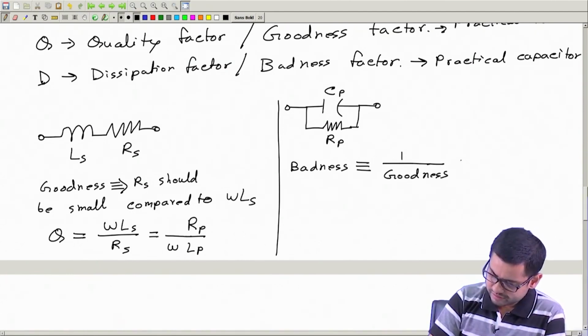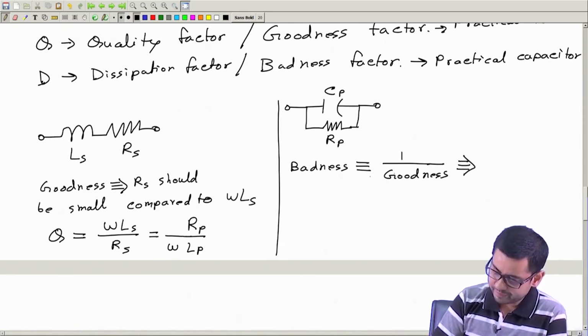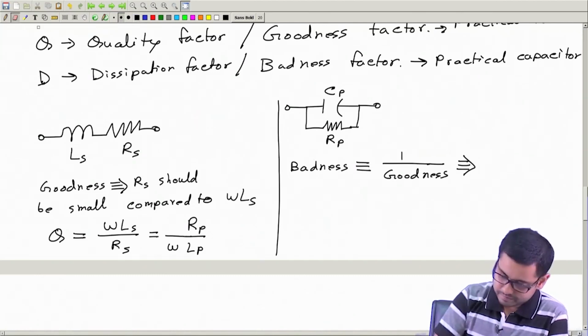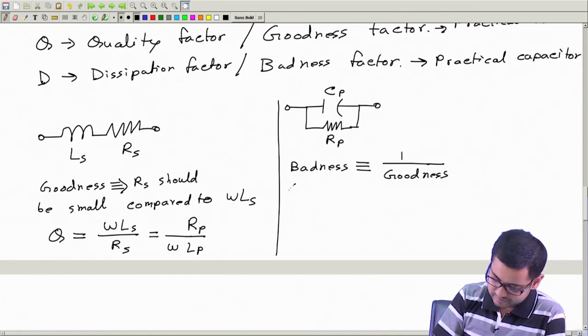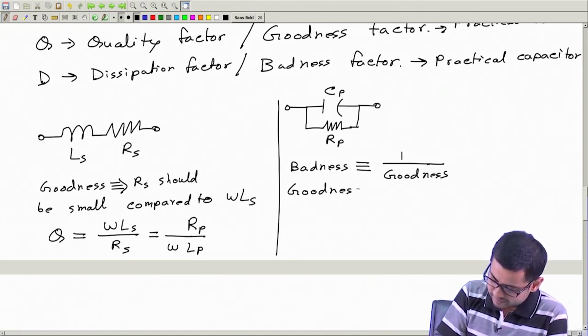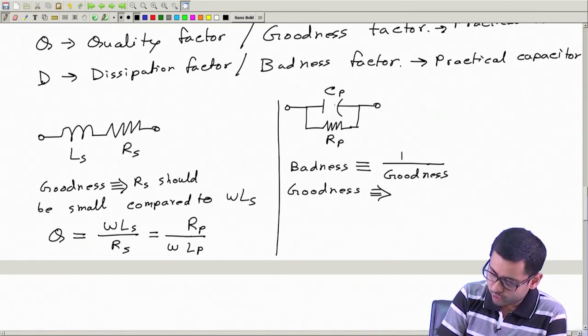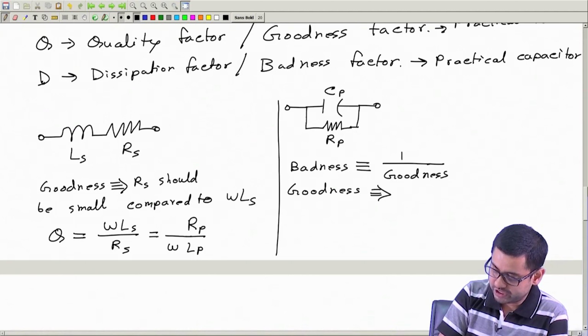and now goodness will imply how ideal this combination is, which means this Rp should be very high, so that no current can leak through this resistance. The conductance should be very small, or this resistance should be very high.